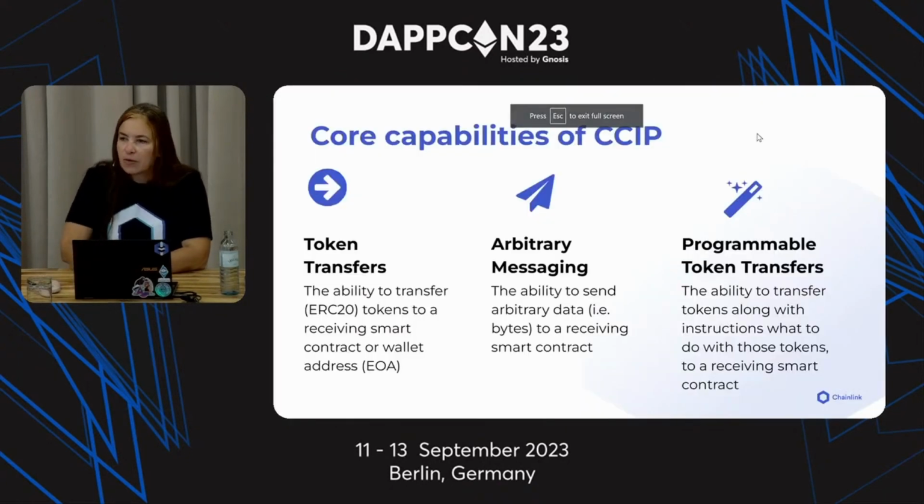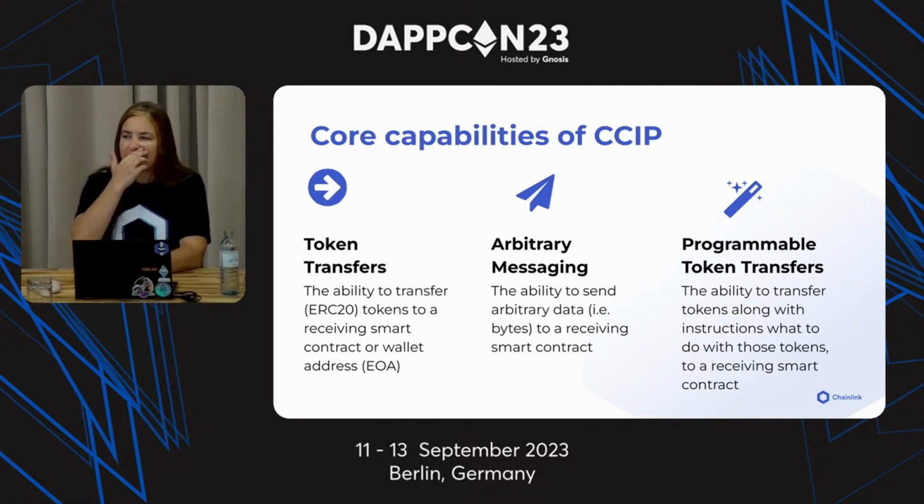So come back here. When I talk about cross-chain interoperability protocol, what can I do? I can transfer tokens. This is the basic like a bridge, but we have a mechanism with a bit more security. You can send any message. I used to send like a hello world, hello Berlin message from one chain to another. But when I'm sending a message, what about a message that is a command that is calling a function in the other chain?